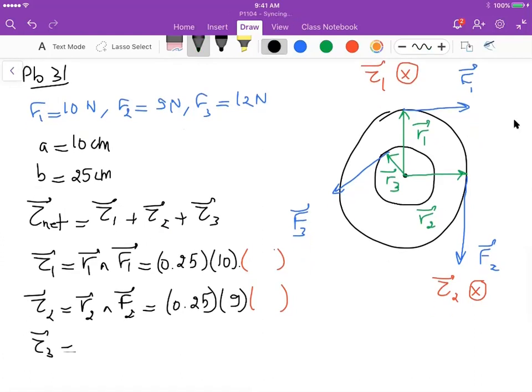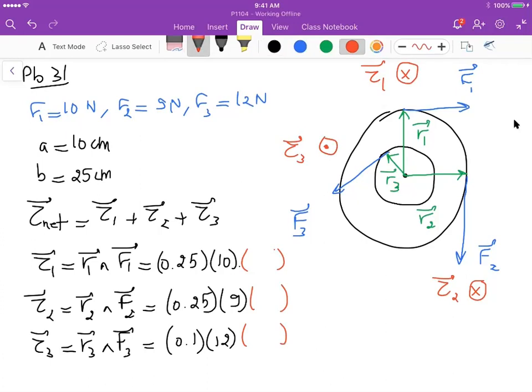The sine is 1, and so R3 cross F3 is equal to R3, which is 10 centimeters, so 0.1, multiplied by the value of F3, which is 12 newtons, multiplied by the direction, the unit vector, which we'll put in the parentheses shortly. With the right hand, R3 is on the thumb pointing up, F3 in the same direction as in the drawing, downward, and tau 3 comes out outward. So the torque of force 3 is pointing outward, out of the page.